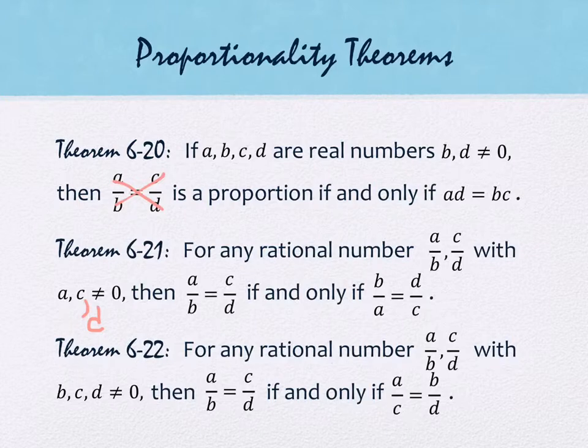What did they do between this one and this one? Which ones specifically got switched? C and B. They switched this diagonal, right? These two switched locations. And you might think, why would I do that?